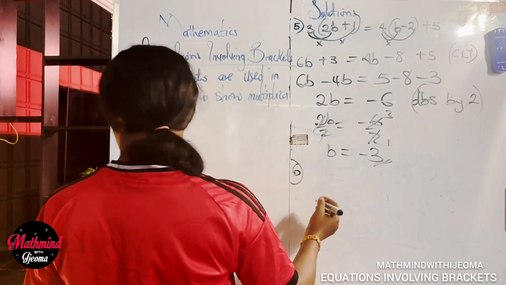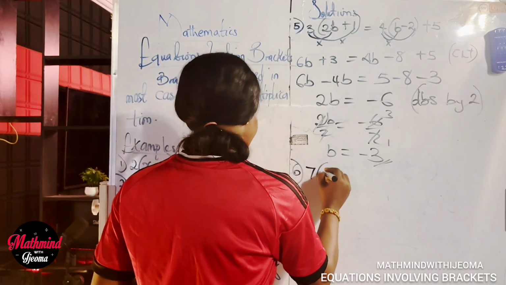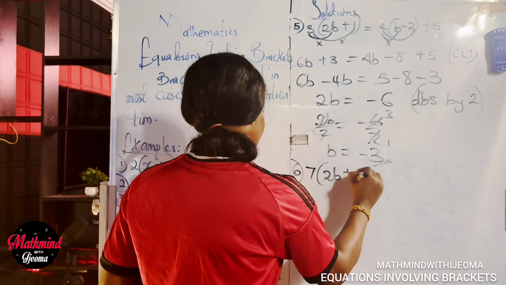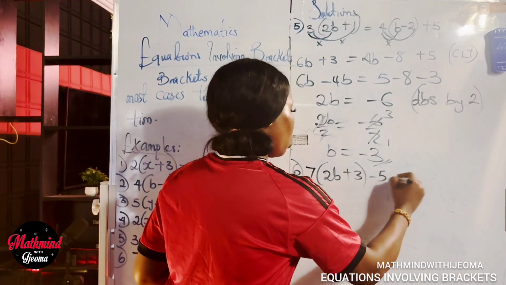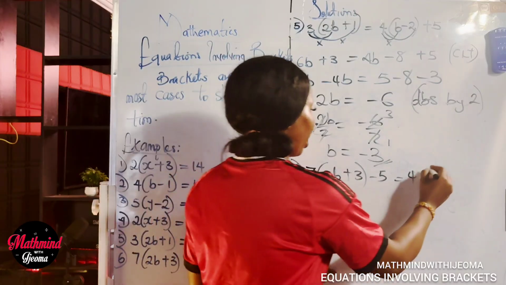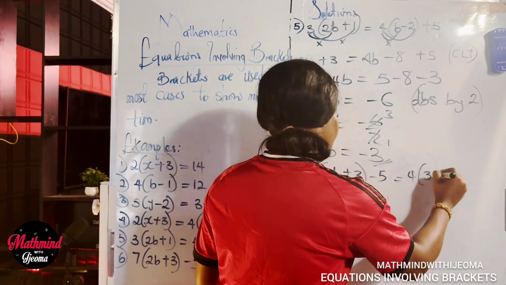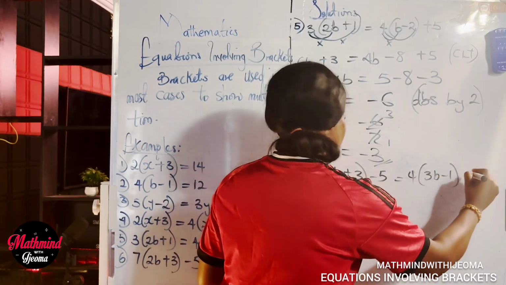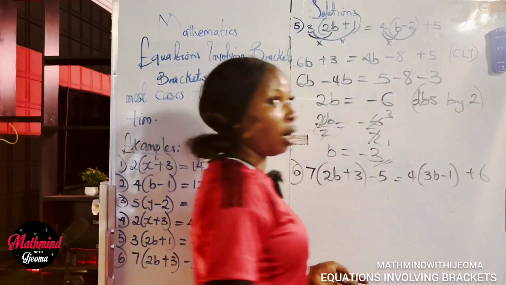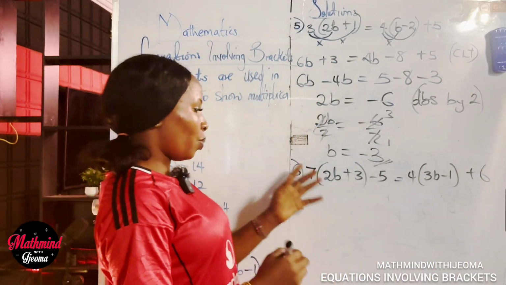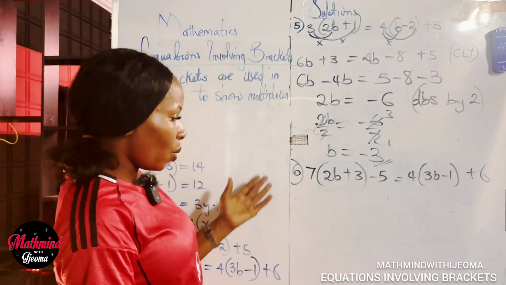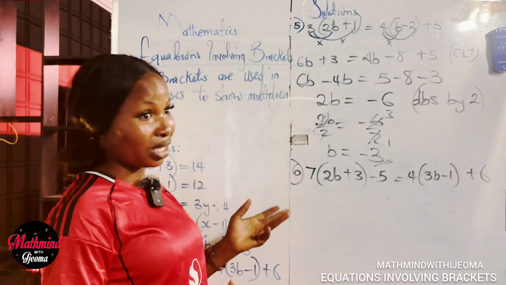The next one says 7 bracket 2b plus 3 minus 5 equal to 4 bracket 3b minus 1 plus 6. Oh, what a long equation. So let's open the brackets. In this case, when we open the bracket, 7 closes.